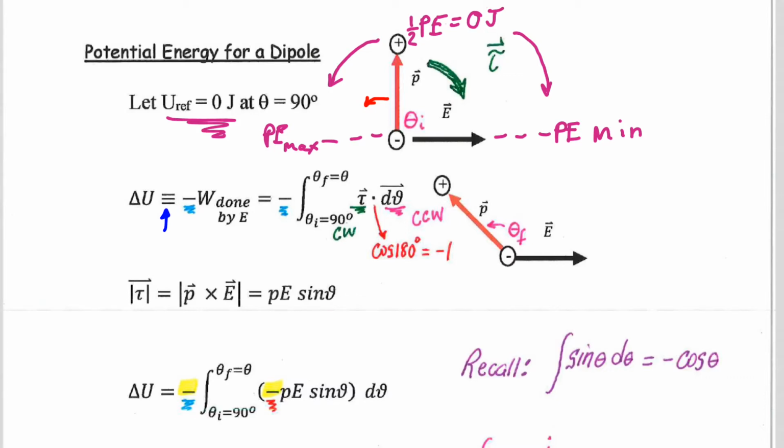Work, if you remember from mechanics, is F dot delta x, or integral F dot dx. The rotational version, instead of integral F dot dx, becomes the integral torque dot d theta, right? So we get the torque dot d theta.